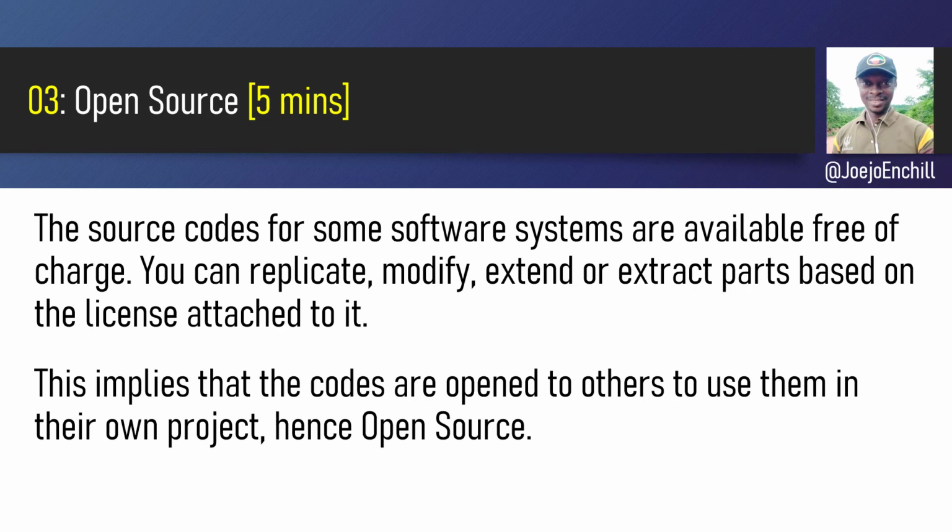So with this part of our lesson, what I want us to understand is that source code can be available free of charge somewhere on the internet. That is, you can get access to someone's source code, replicate it, modify it, extend it, extract parts to meet your own needs. When a source code is available this way, we call it open source. Are we good? Okay.